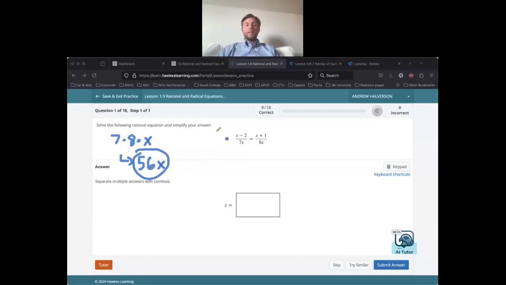So I'm going to take 56x and multiply it to each side. And what's that going to do for us? Well, you look at these two. Do they cancel? How do they cancel? 56x over 7x. Let's go to my scratch sheet of paper.